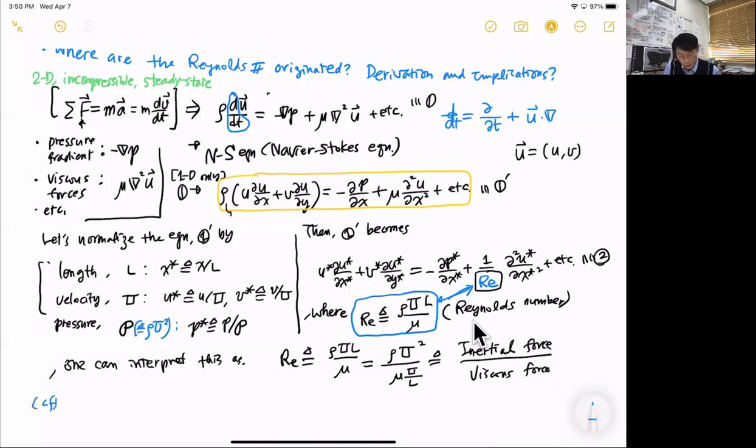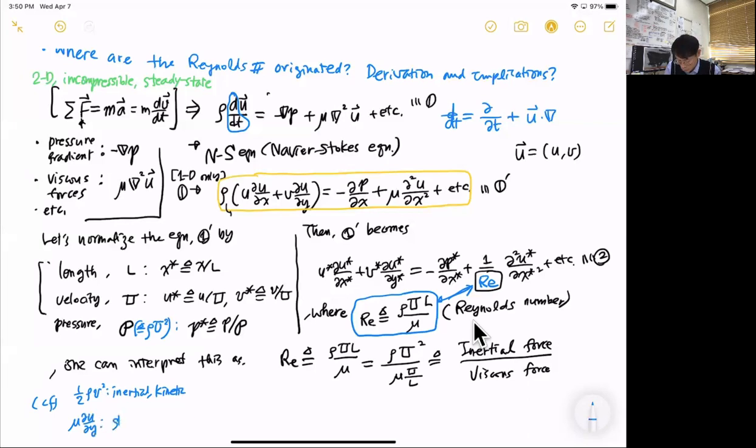The reason this makes sense is that Cf involves one half rho v squared, which is inertia or kinetic energy, versus mu ∂u/∂y, which is where the viscous force is defined.